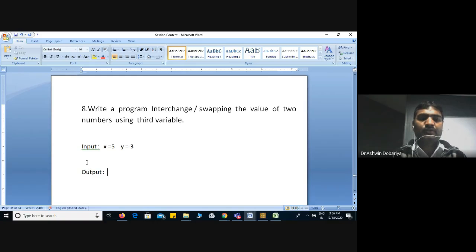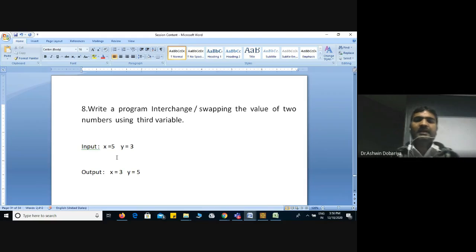I have to use such a logic that the value of X is assigned to Y and the value of Y is assigned to X. So my final output should be X is equal to 3 and Y is equal to 5. This is known as an interchange. Interchange means I have given the value of X to Y and the value of Y to X.